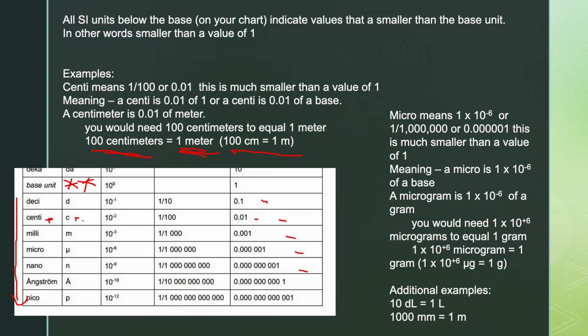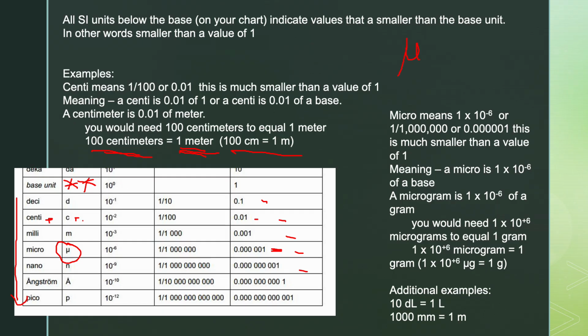If I was using micro, and micro's symbol, you guys, this one's a little odd looking. It's called a mu. It's kind of like a cursive U with a long tail to it. But it's known as a mu, and that's the symbol for micro. Micro, you'll notice, is a millionth. It's really, really small.